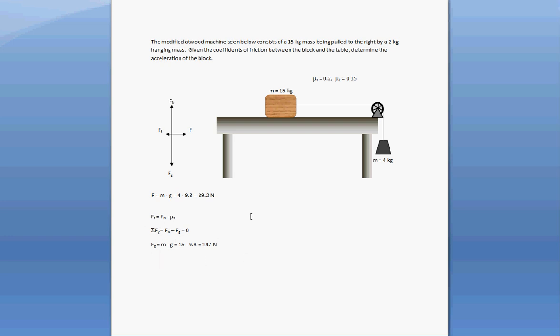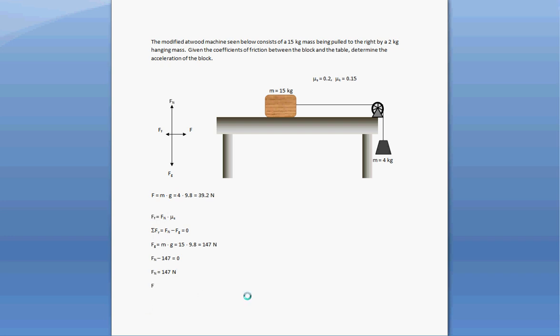So Fn is unknown. And if we subtract Fg, which is 147, we are going to get 0. So Fn is 147 newtons. All right. Now that we know that the normal force is 147 newtons, we can plug it in here to get our force of friction.